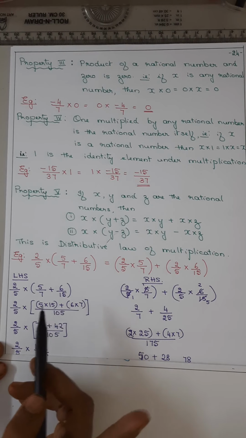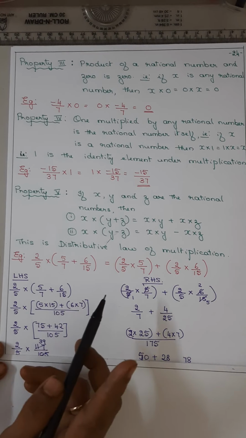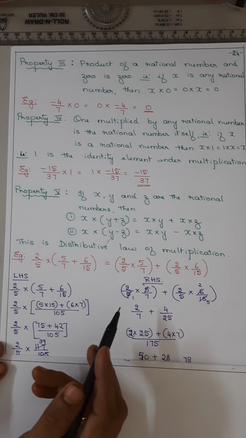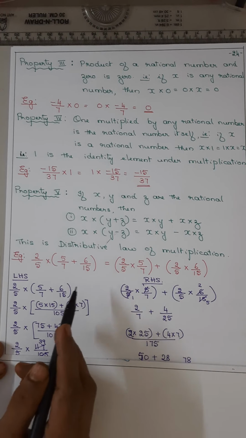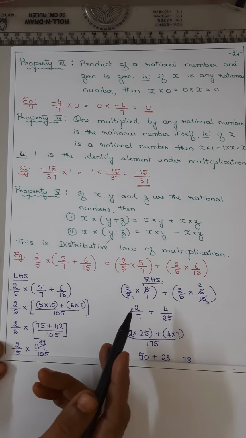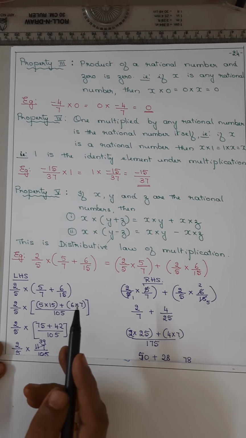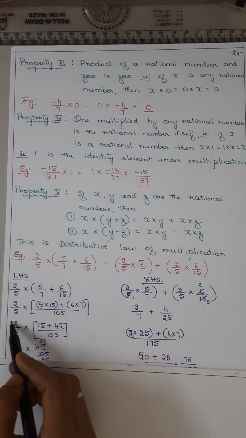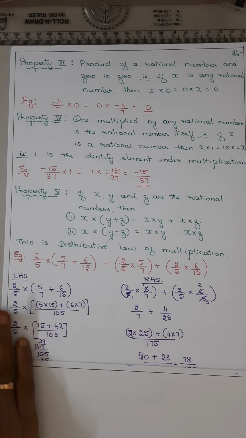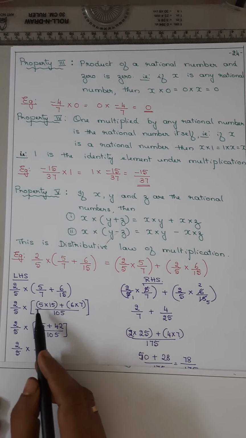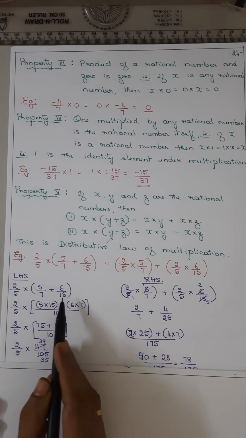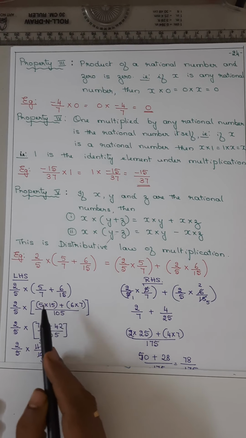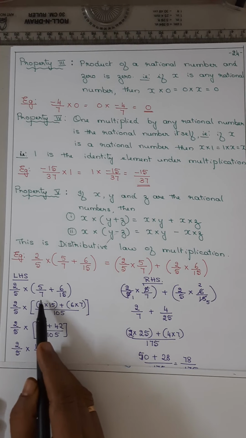Remember, in addition and subtraction we find the LCM if the denominators are not the same. In multiplication and division you cancel, always remember this. Now 2 by 5 into, keep it the same. Now put the square bracket, 7 and 15. So what will the LCM be?